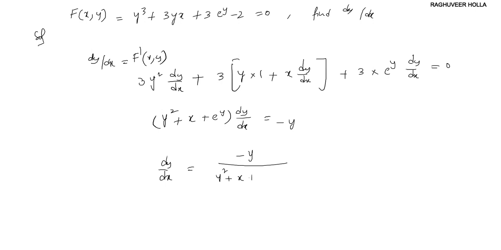Okay, now dy by dx is equal to minus y by (y square plus x plus e to the power of y). Okay, so this is the solution.